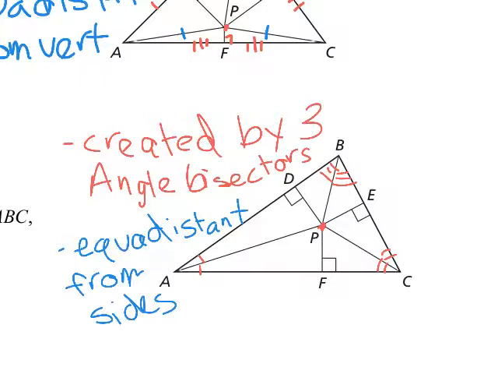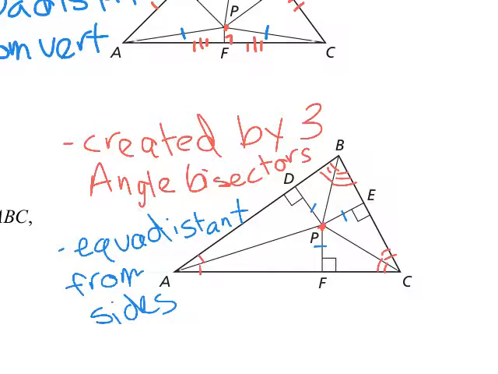Now we're going the opposite direction. This one is created by three angle bisectors, so it's coming out from the vertices, and it's equidistant from the sides. So you have to be able to identify what the center is and then what that means about my shape. These are the first two that we're practicing with: circumcenter and incenter.